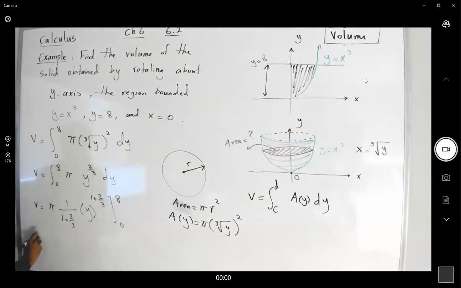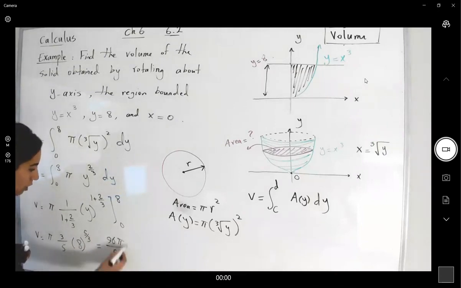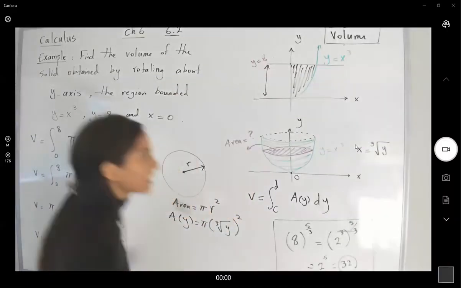Okay, V is equal to pi times 3/5, and here I have 8 raised to 5/3, which is 2 to the 5th, which is 32. So I get 96 pi over 5. There we go. Let us make it more interesting.